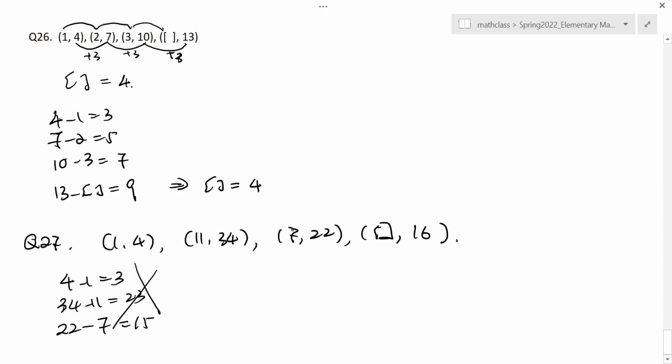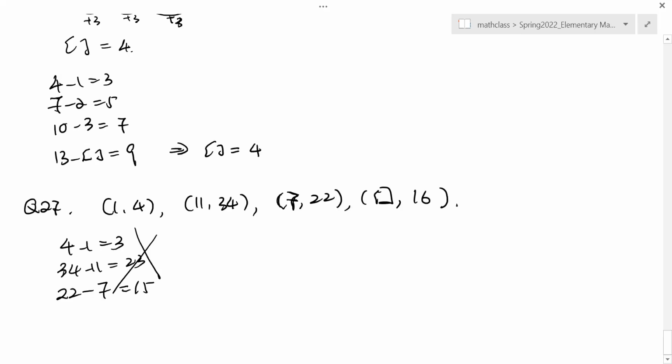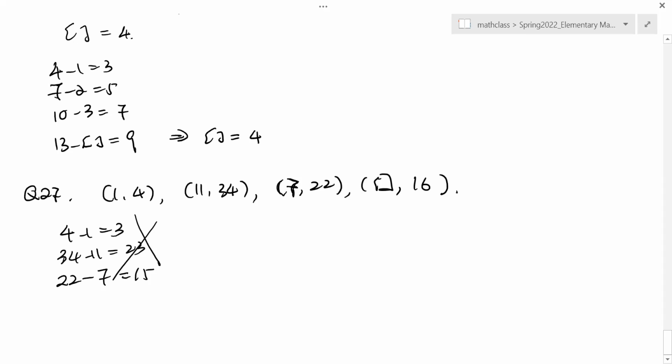Can anyone figure it out before the end of the class? Honestly, this is the most difficult problem.